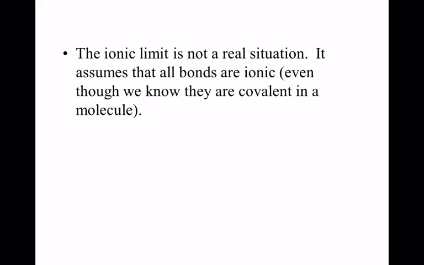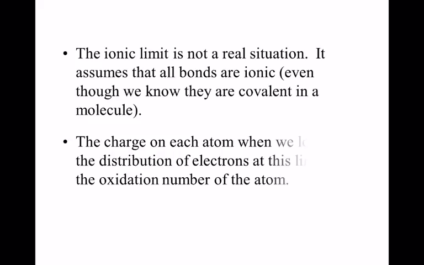For instance, if we pick AB, I could put a triple bond there, A triple bond B, two atoms joined together, making a complete octet. We are going to come up with an oxidation number for A and for B as if that wasn't a covalent bond, but ionic. It's not real, but okay.